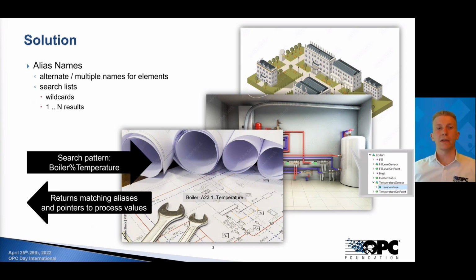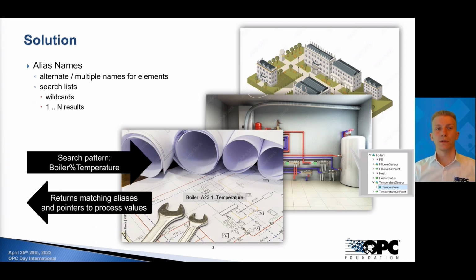That basically means that the name you have in your building plan, like boiler_A23.1_temperature, which would be the information of the temperature in that boiler A23.1, you can assign a different name, or you could point it to the exact information in the address space of the OPC UA server, which in our example here is the boiler 1 temperature.